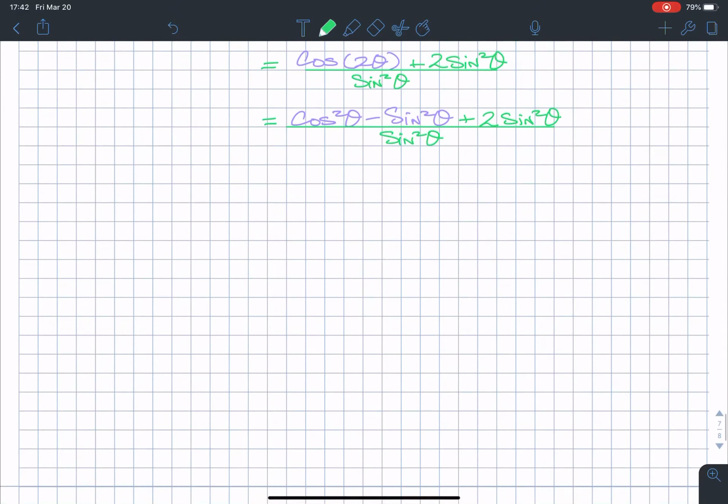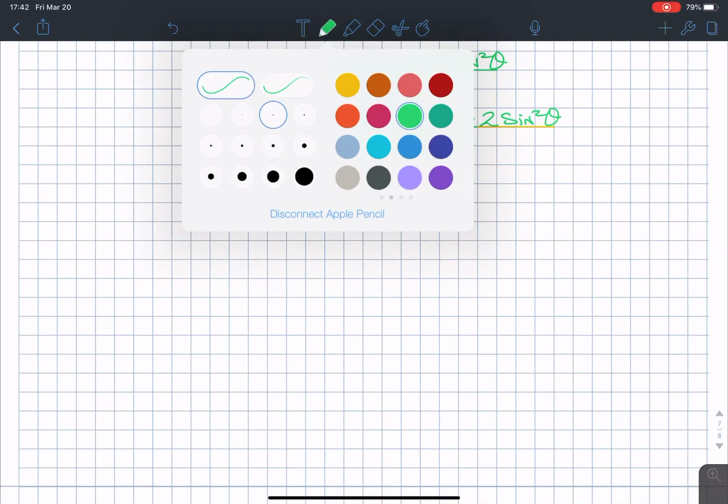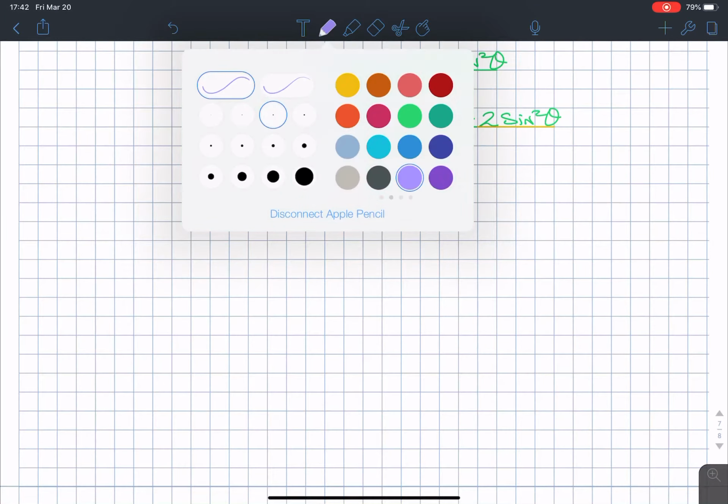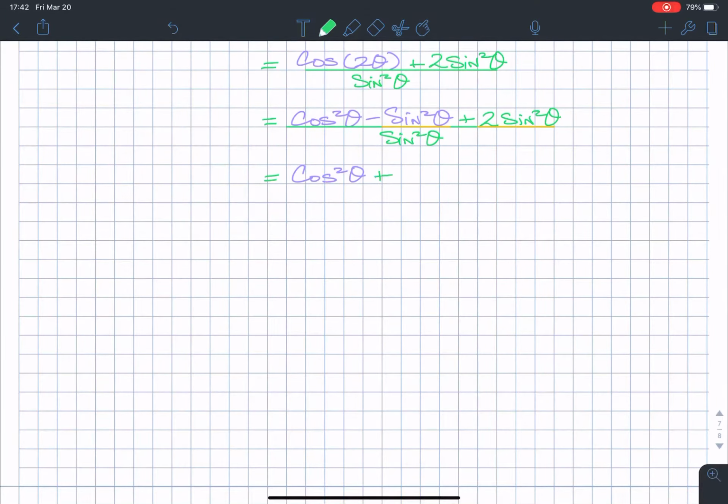So how many sine squared thetas do I have? I have negative 1 of them here, positive 2 of them here. So what it looks like is I have cosine squared theta plus a single 1 sine squared theta all over sine squared theta.